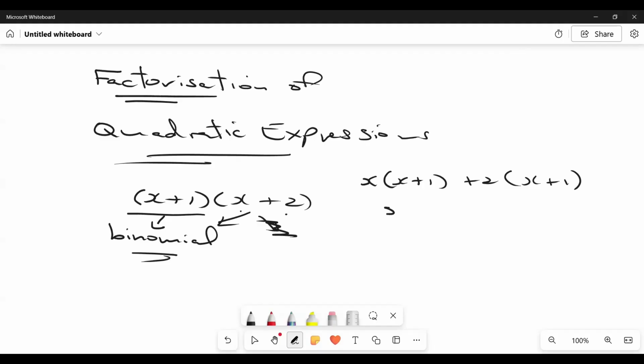X by x, you get x squared. X by 1, you get x. Positive 2 by x, you get 2x. 2 by 1 gives you 2.